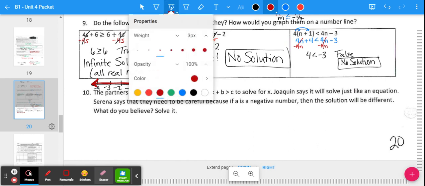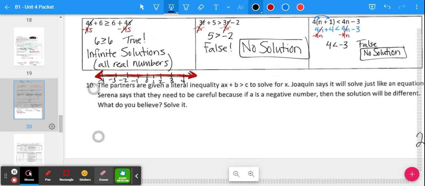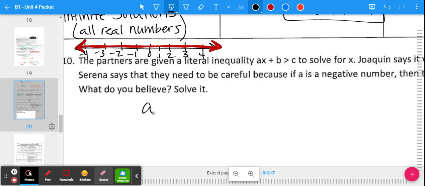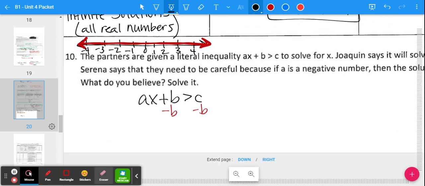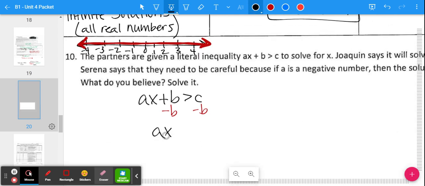So the first thing we need to do is actually solve this. And we have ax plus b is greater than c. So in order to get x by itself, the very first thing we have to do is subtract b from both sides, which leaves us with ax is greater than c minus b.